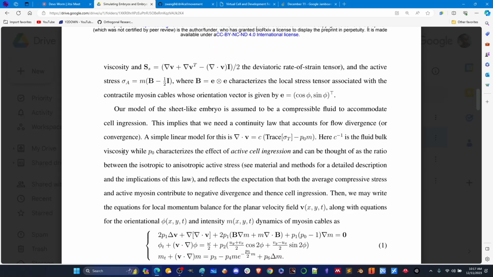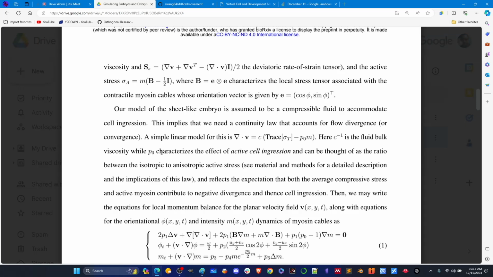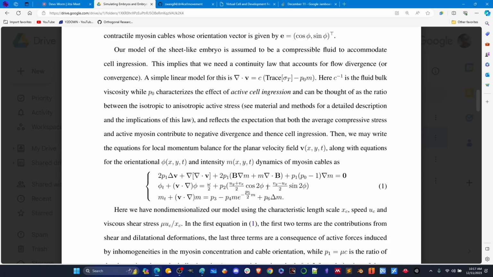Fluid bulk viscosity is characterized by C^-1, while P0 characterizes the effect of an active cell ingression and can be thought of as the ratio between the isotropic and anisotropic active stress. So they have this more in the methods, but basically they're modeling this.